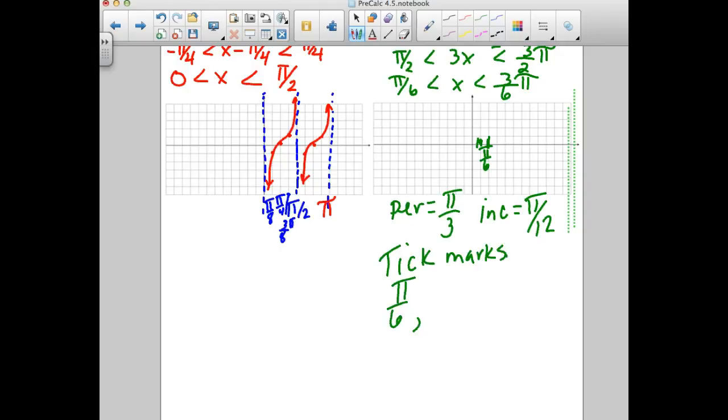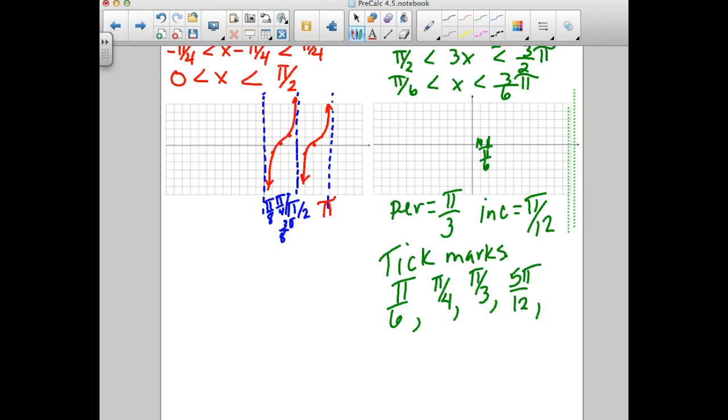I add another 12th to that, which makes it 3/12ths, which we said was a 4th. Okay, adding another 12th puts it at 4/12ths, which would be pi over 3. Our next one would be 5/12ths.